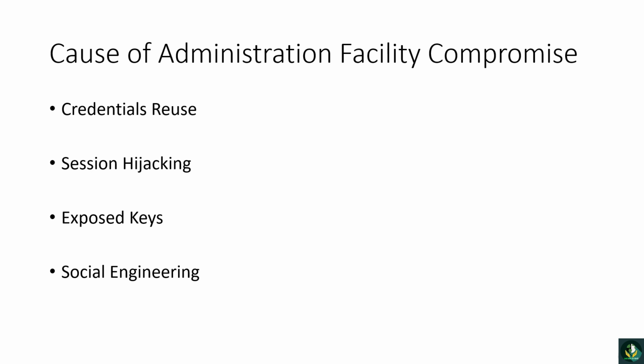We talked about this previously with cross-site scripting and session hijacking, and that goes through many of the different ways it can happen. The reason I have included it here is to demonstrate that a weakness in the administration facility itself leads to a compromise.